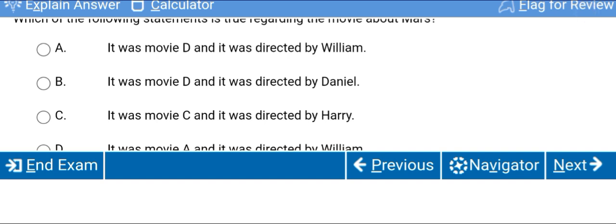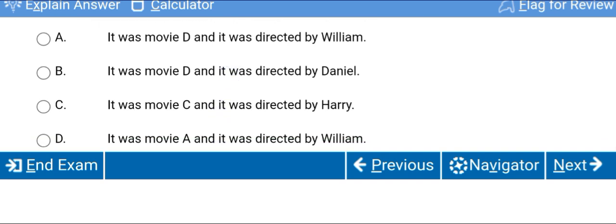Option B, it was movie D and it was directed by Daniel. Option C, it was movie C, and it was directed by Harry. Option D, it was movie A and it was directed by William.